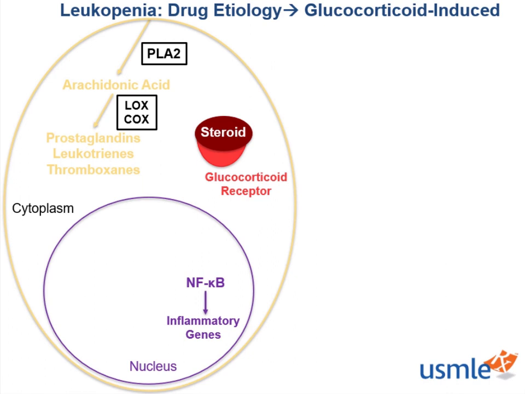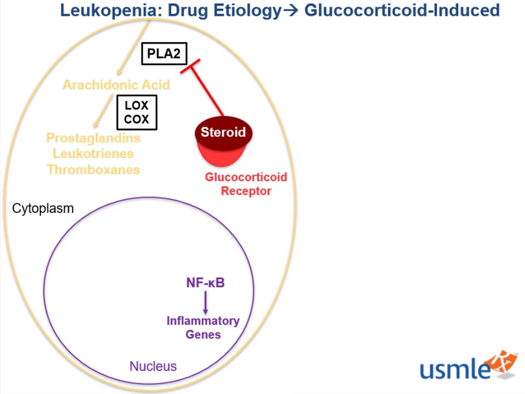Once inside, the glucocorticoid receptor complex inhibits phospholipase A2. This is the non-genomic or non-DNA effect of steroids and accounts for their immediate effect on pain and inflammation, as this complex can directly inhibit phospholipase A2 in the arachidonic acid pathway.